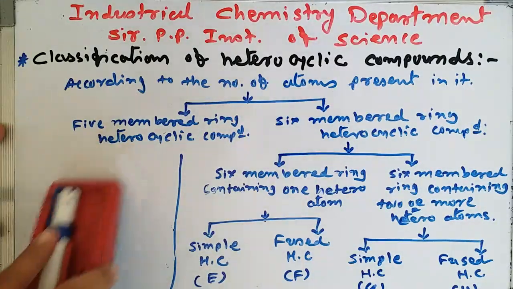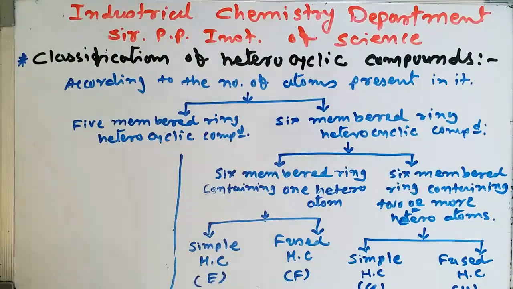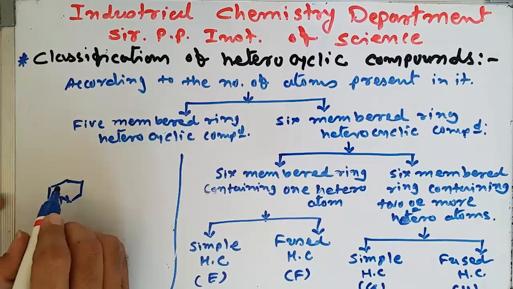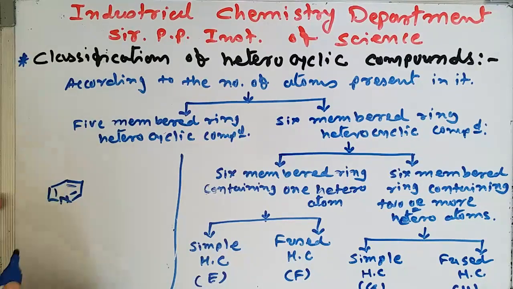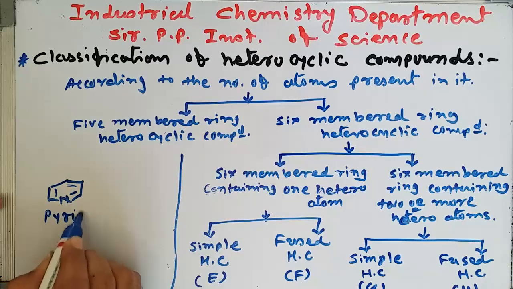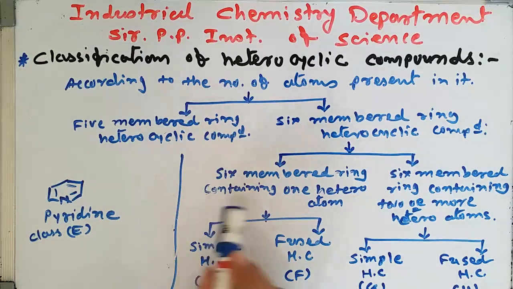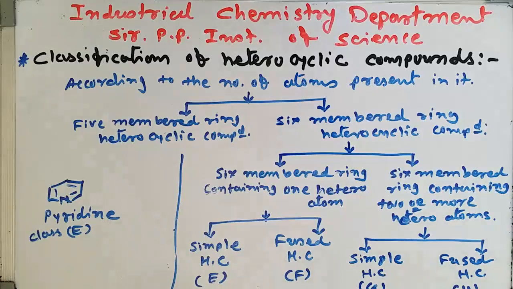In simple, I described only one, but if nitrogen is present, then it is known as pyridine. It is in class E, simple six-member ring containing one heteroatom.